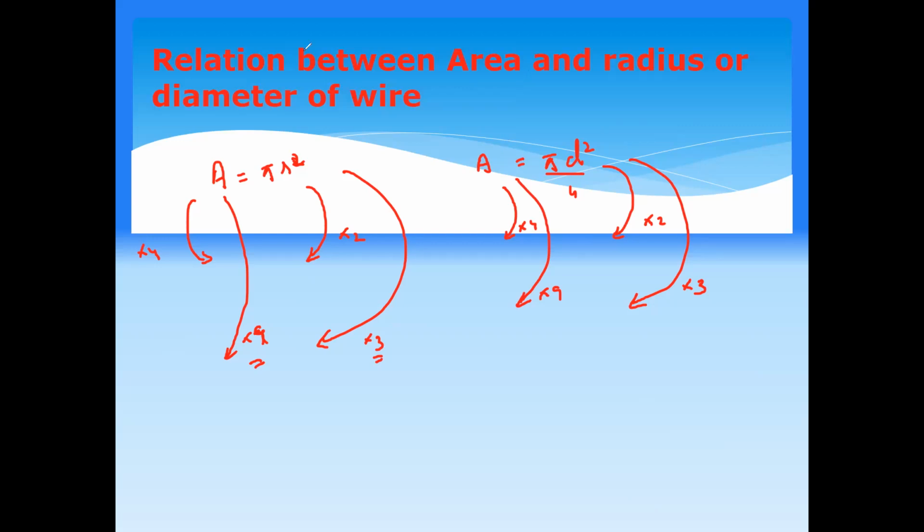So we have the relation that resistance is directly proportional to length and resistance is inversely proportional to area. Directly proportional means if we increase one quantity, the other quantity will also increase, or if we decrease one quantity, the other will also decrease. Inversely proportional means that if we increase one quantity, the other will decrease, and the opposite happens if we decrease the first quantity, the other will increase.